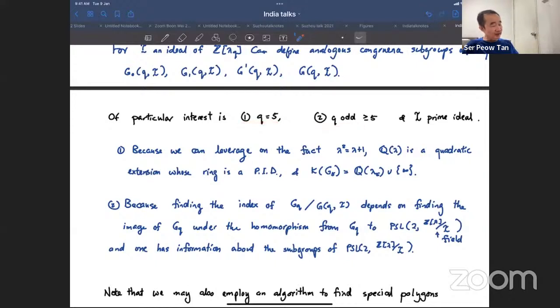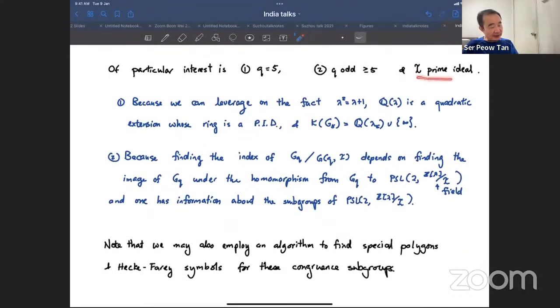In the first case, when Q is equal to 5, we can leverage the fact that Q of lambda is just a quadratic extension, the ring Z adjoin lambda is a principal ideal domain, and the set of cusps is all of Q adjoin lambda. So that's the reason why G5 is particularly interesting.